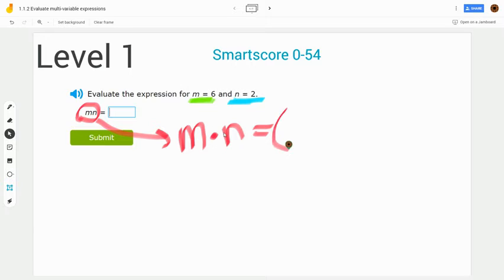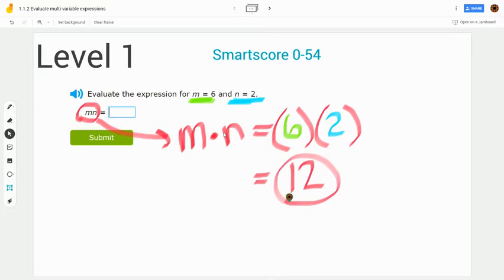So now we'll do parentheses for m and for n, and we'll be plugging in 6 for the m, 2 for n. And this is just multiplication. 6 times 2 is what that says right there. That's how we read that. And 6 times 2 is equal to 12. And that is what you would submit as an answer for this kind of problem.